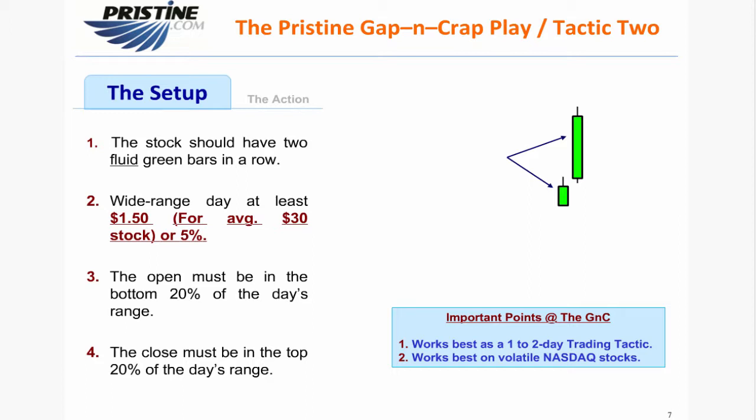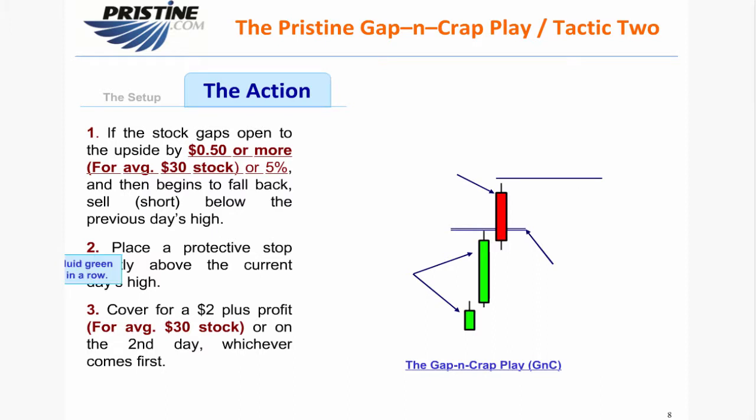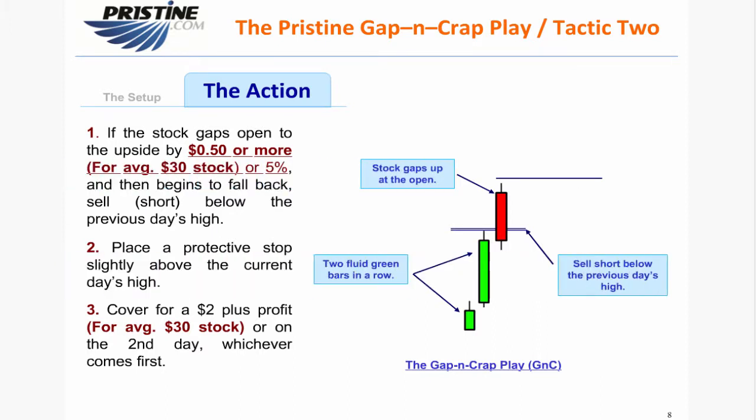The counterpart to the gap and snap is the gap and crap, which here you have at least 2 fluid days up, with the most recent day being that wide range 2020 bar. All right, so if you have this in place, you're looking to say, okay, where does it open the following day? If it opens the following day with a gap up, as a general rule, 50 cents or more, you're going to look to enter this stock as it begins to fall back down.